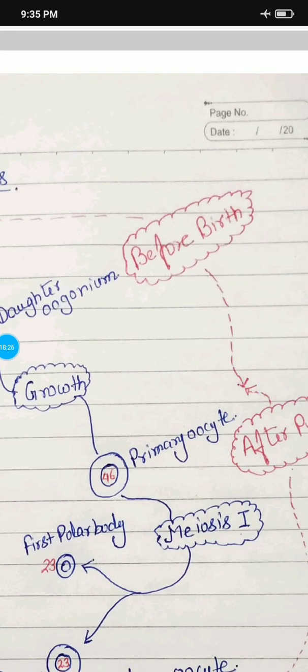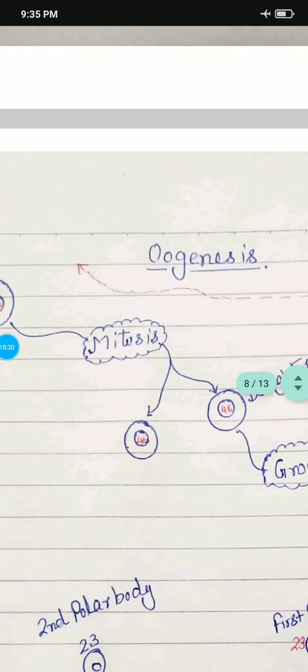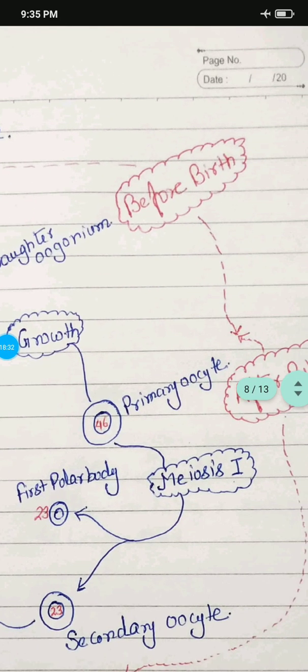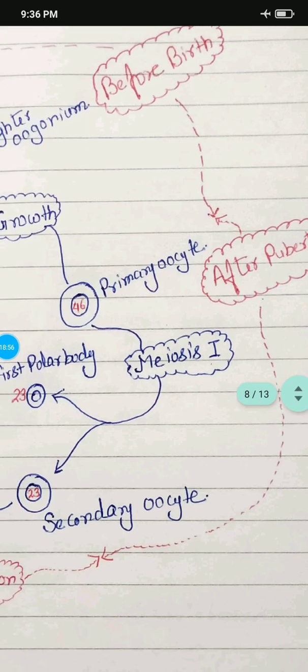Listen very carefully. From the oogonium to the primary oocyte, it develops before birth. Actually, not before birth, at the fetal stage it has already happened. But when a girl becomes mature, the primary oocyte undergoes meiosis 1 division.